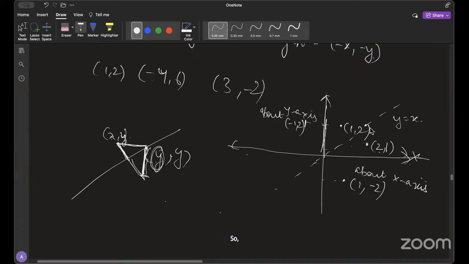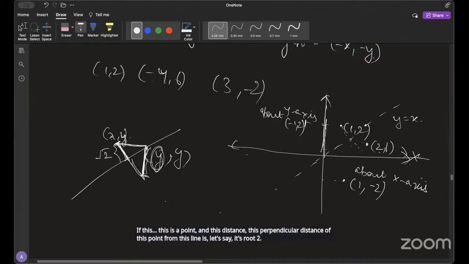So the reflection about y equals x is you drop a perpendicular here, and then you want this point to be on this perpendicular. Let's say this is a point and the perpendicular distance of this point from this line is root 2. You want the same distance, root 2, to be extended on the other side of this line.